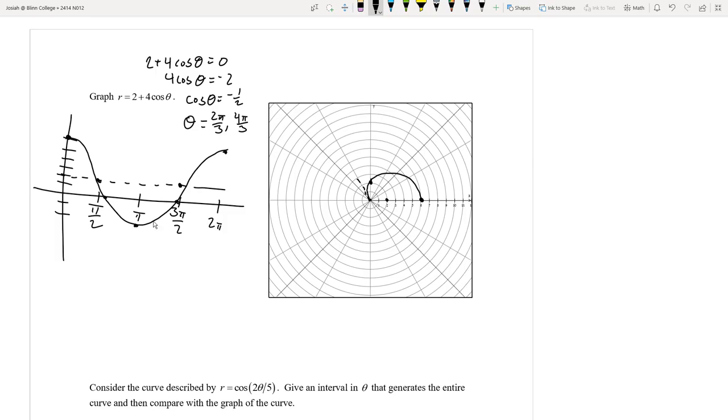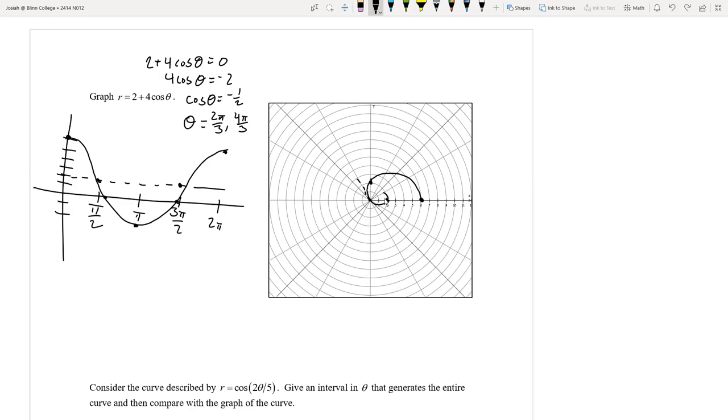Meanwhile, our theta is still marching along. We're still going counterclockwise, so it looks like we have to go like this. Our r grew to -2, so here we're getting further away from the pole. And then we're going to shrink back again to 0, right here.